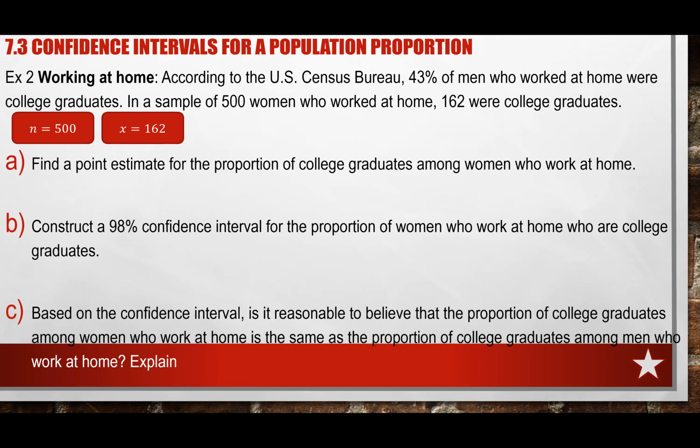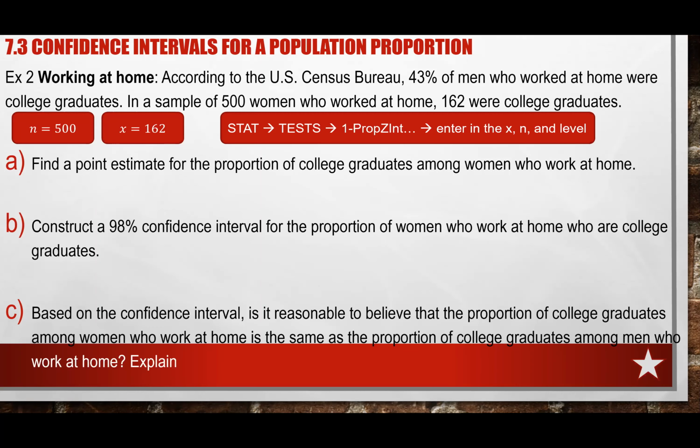Once we have this, all we need to do is use stat, test, 1-PropZInt, and enter your X, your N, and your level of confidence, your C-level.